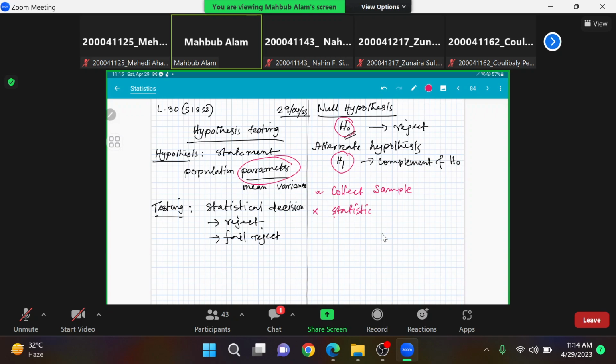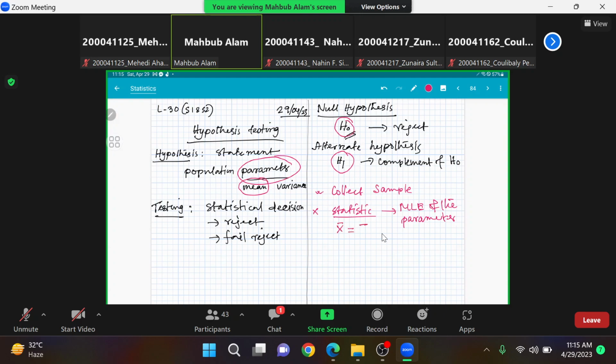From the sample, we need to define a statistic, which is a function of the random variables in a random sample. This statistic is defined so that it is related to the parameter, or more specifically, it is the MLE of the parameter. If the mean is the parameter we are testing, the statistic will be the sample mean X bar.